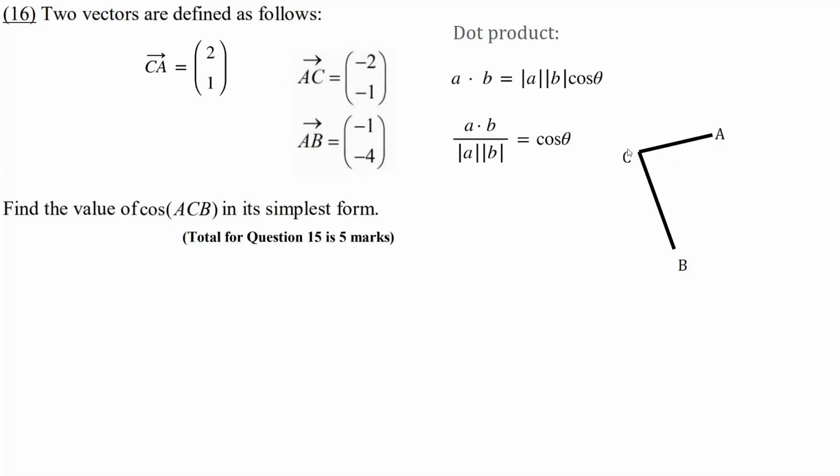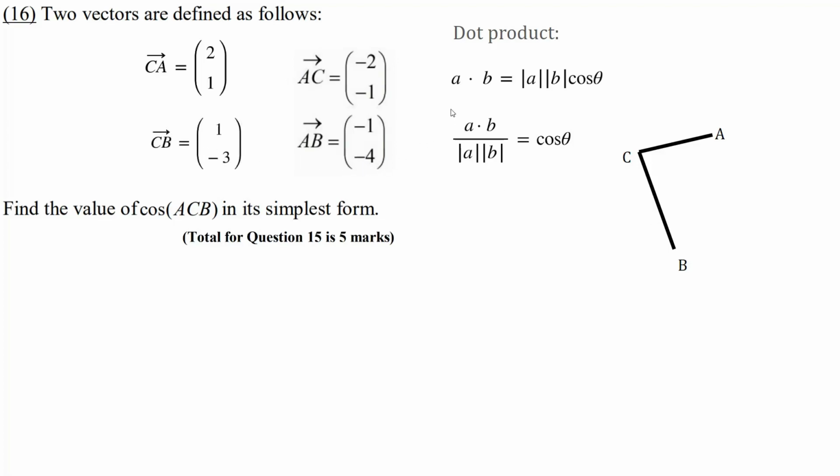So from -2 to -1, we'll go 1 right. Then from -1 to -4, we'll go 3 down. You can just remember that from the other slide where we had a look at the coordinates. So from C to B, we go 1 right, 3 down. That's 1 on the top and -3 on the bottom.